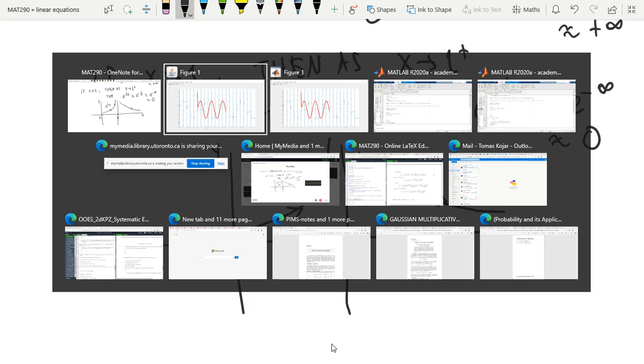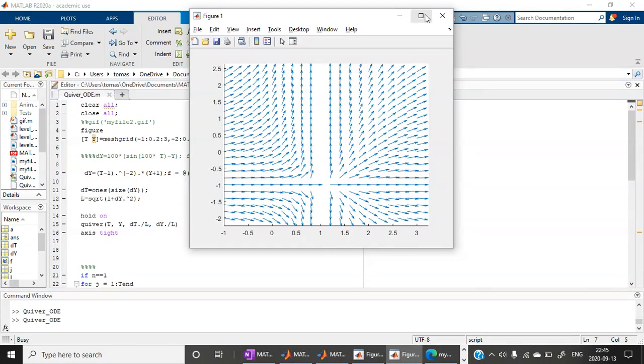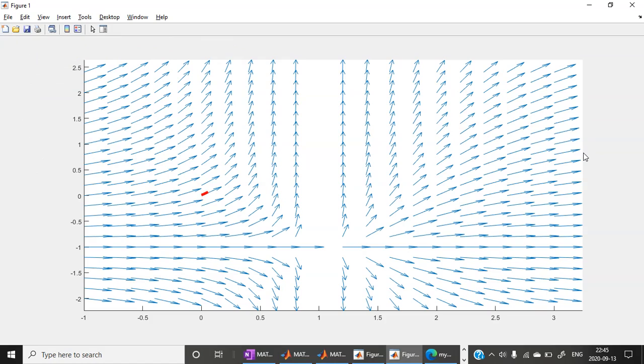So now let's run the simulation. So here x is less than 1, and it goes up, up, up, and it blows up. And here x is bigger than 1, so it goes up for a little while, and then it will come down and become 0.